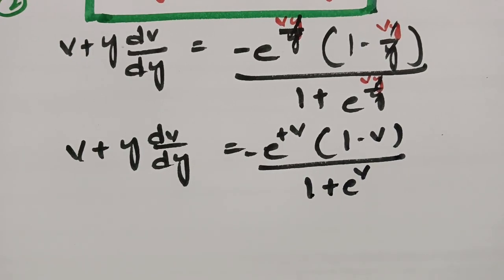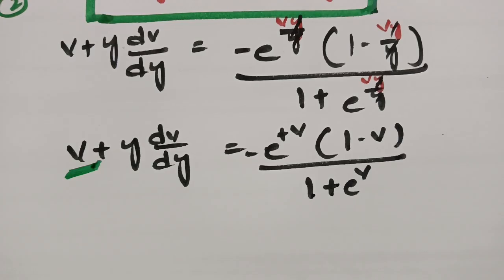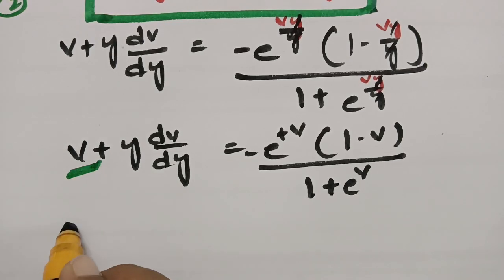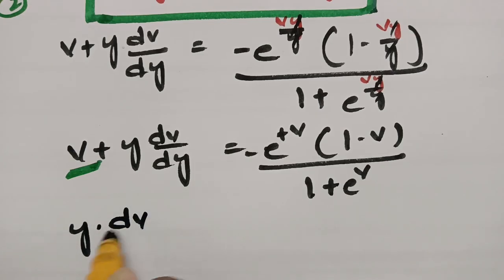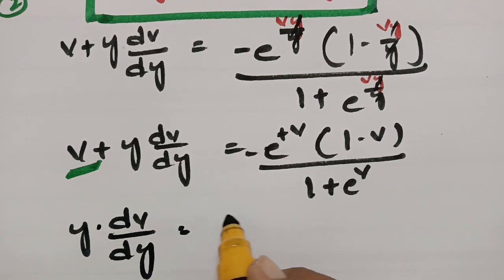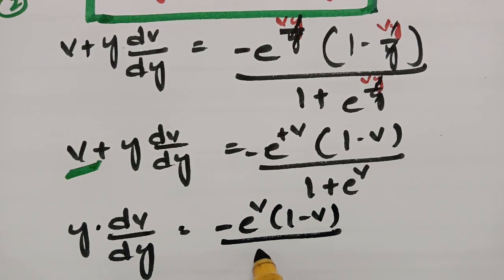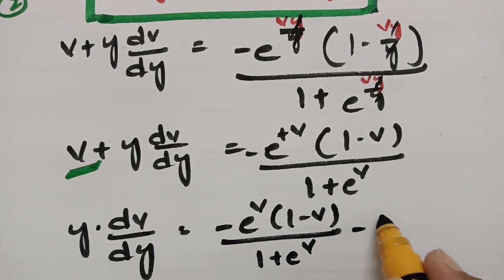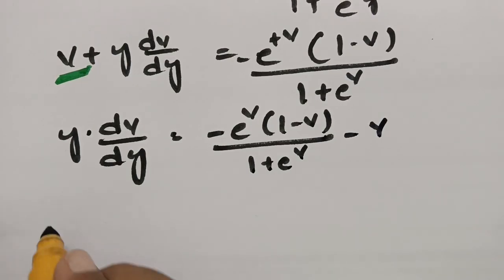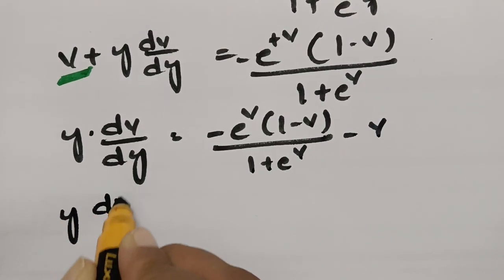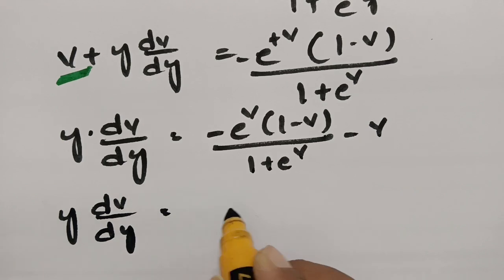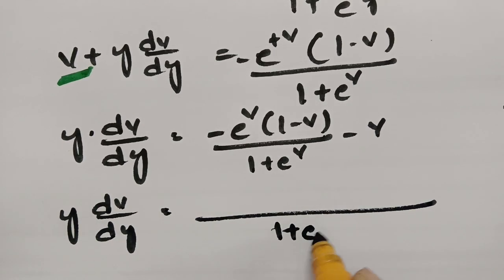Now if I send this v to the other side, that is y into dv by dy is equal to minus e power v, 1 minus v by 1 plus e power v, minus v. And therefore y into dv by dy is equal to, with denominator 1 plus e power v.